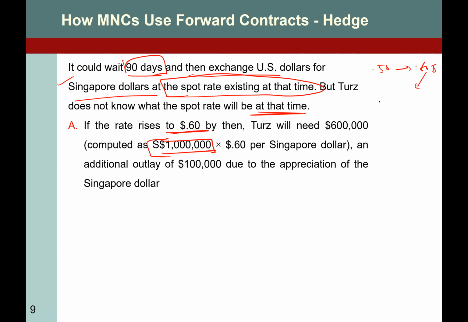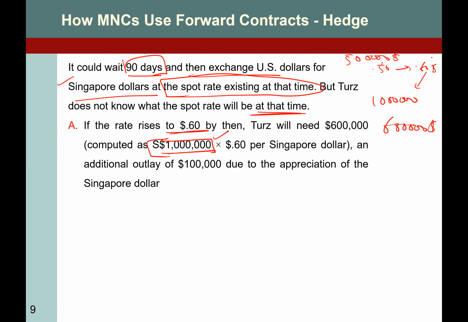Right now, because the rate has increased, you multiply this Singaporean dollar amount by the rate, and the answer is $600,000, right? Previously, when the rate was 0.5, it took $500,000 to convert into 1 million Singaporean dollars.